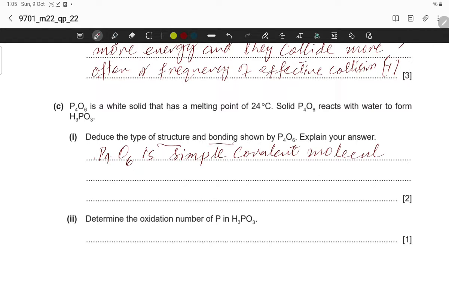So it is a covalent compound, a simple molecular compound, so it has a low melting point.